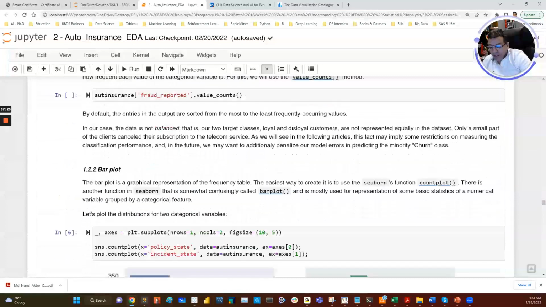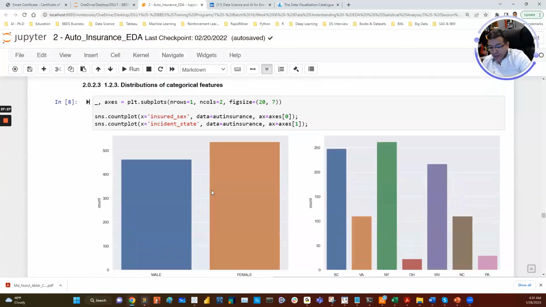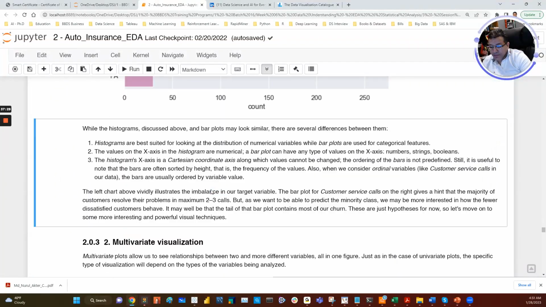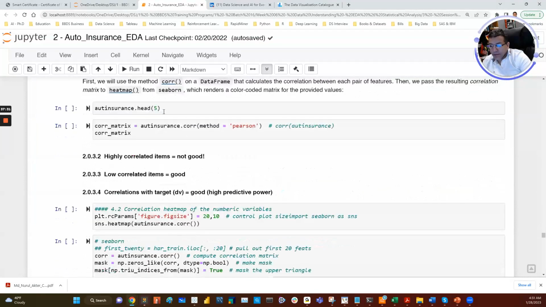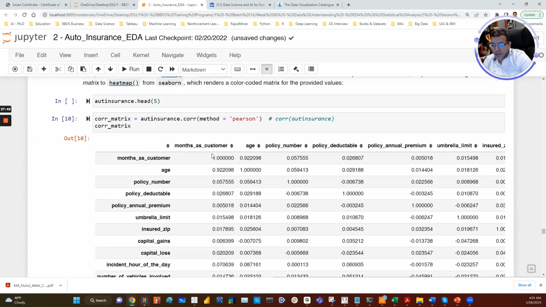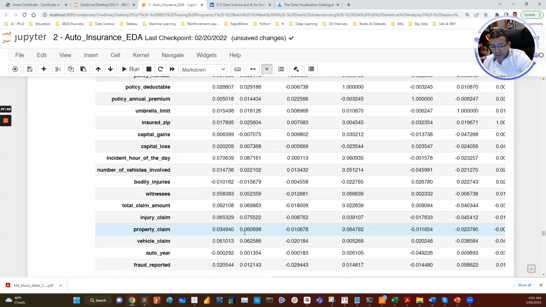So let's apply correlation analysis very quickly. Correlation is simply using the .corr method. This is the method we are going to use. Here we go. Now let's take a look.